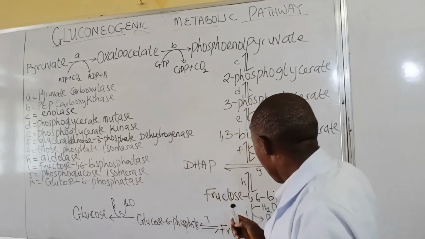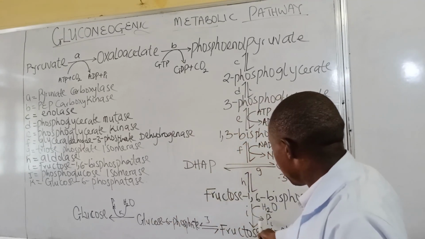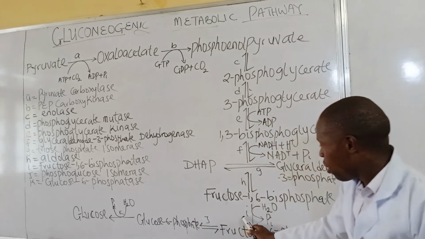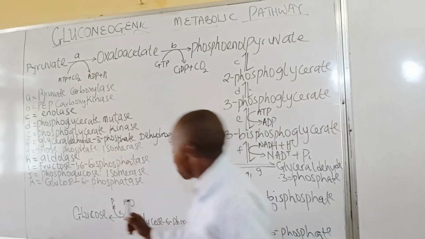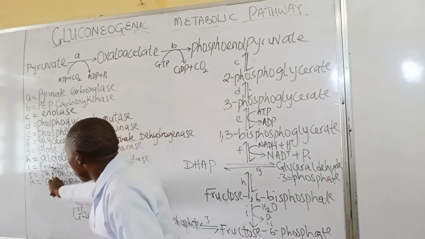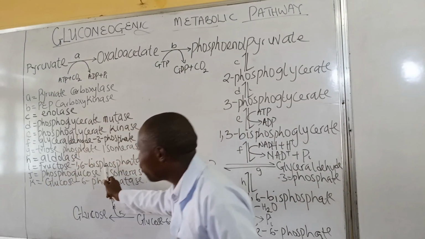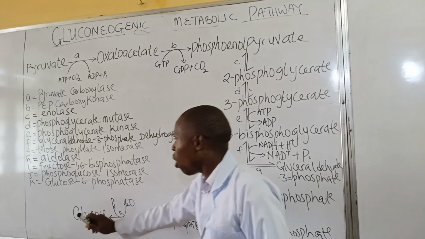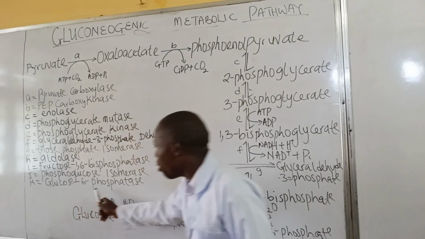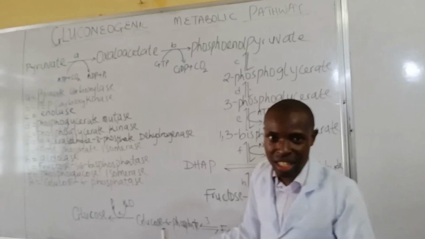Then we move to the step catalyzed by the enzyme fructose 1,6-bisphosphatase, and lastly, the one that gives us glucose is called glucose 6-phosphatase.